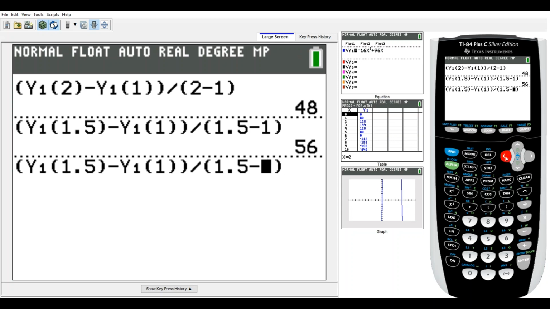And then after 1.5, we're now going to do 1.1. Okay. And our goal is to see if, as we shrink this interval down, I think I went a little bit too far there, but as we shrink this interval down, is this ratio approaching anything?